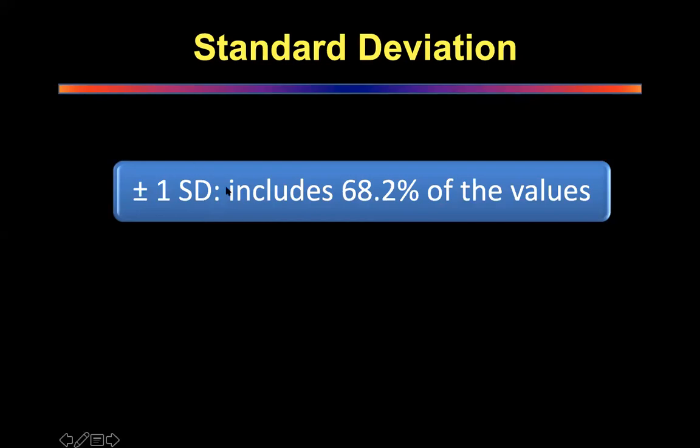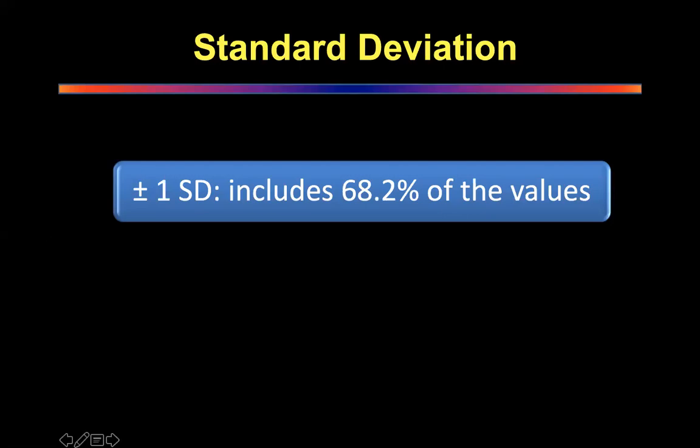A +1 standard deviation means 68.2% of the values are included in a +1 standard deviation. So whenever you write mean is 2 ± 4 with 1 standard deviation, it means that 68.2% of your values lie within that standard deviation.